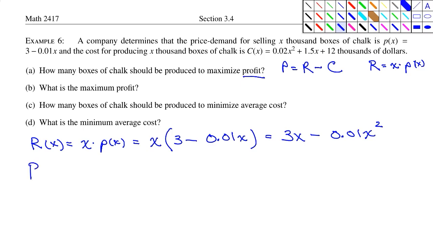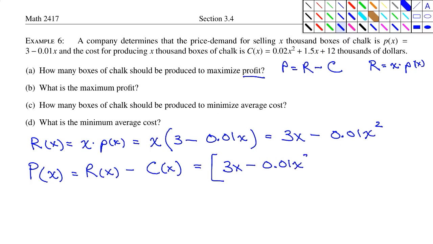Then we're going to have the profit function, and that's the revenue function minus the cost function. And the revenue function was 3x minus 0.01x squared, minus the cost function, 0.02x squared plus 1.5x plus 12.